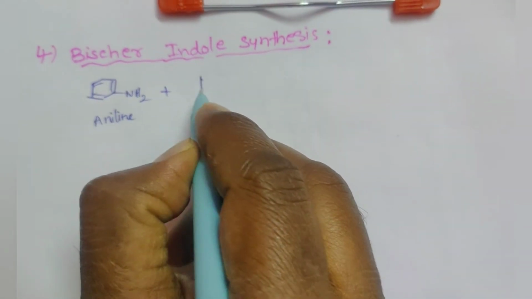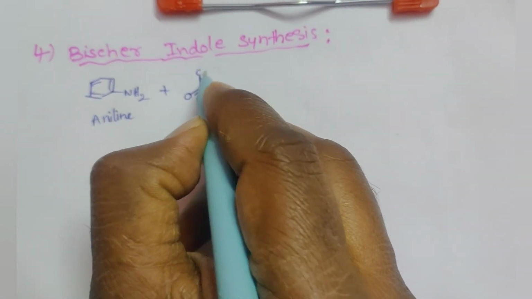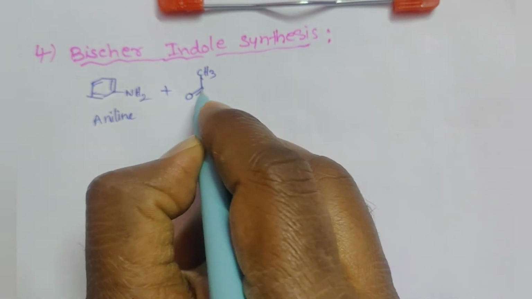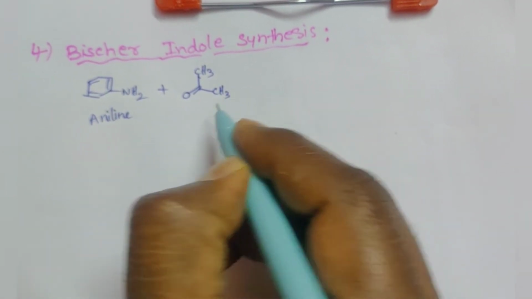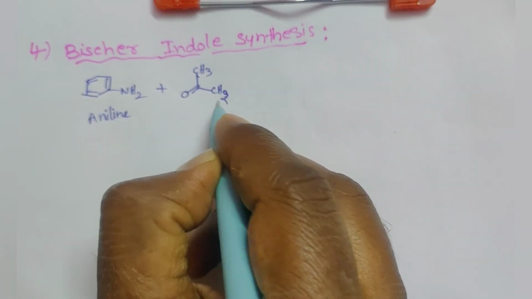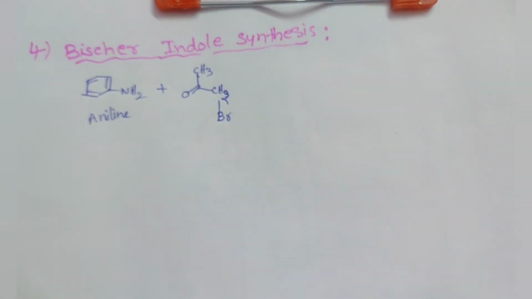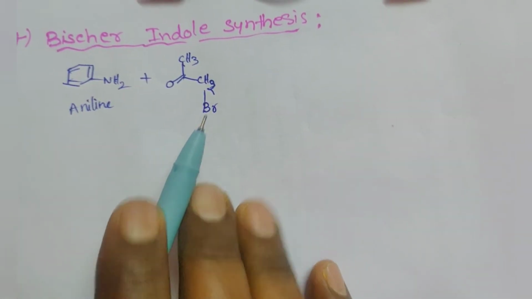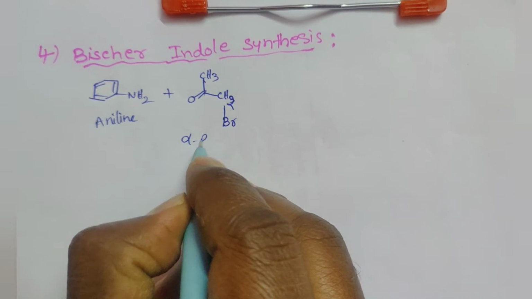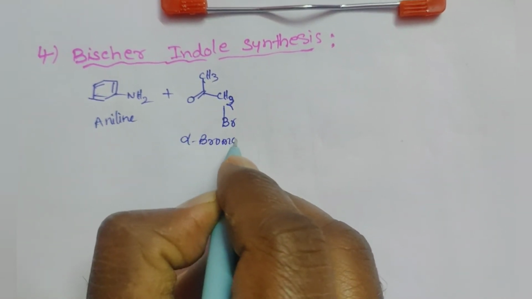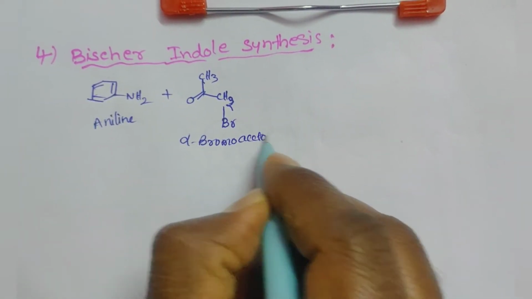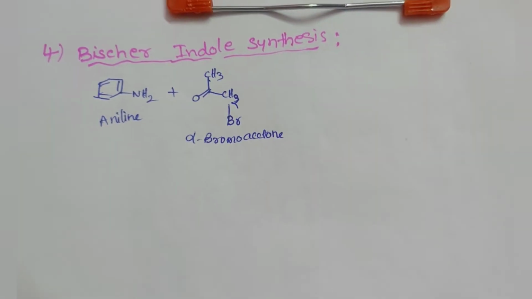Here we take one ketone, so this is acetone, and if you write one bromine or chlorine here, that becomes alpha bromoacetone.